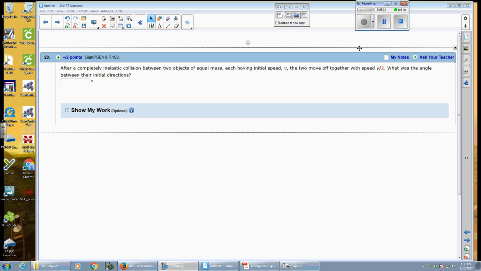For the momentum, one way to think about it is momentum of object 1, momentum of object 2. Those two are going to combine.